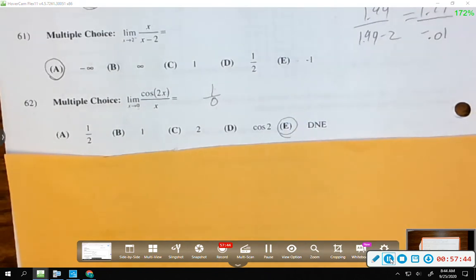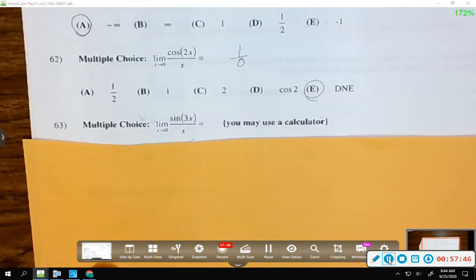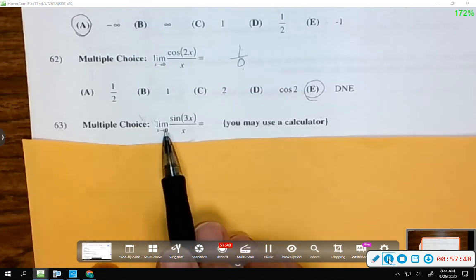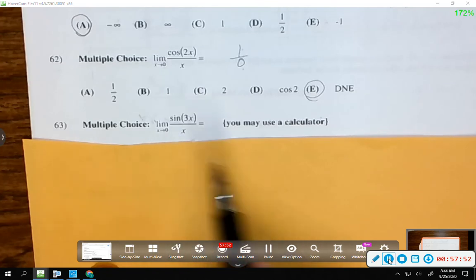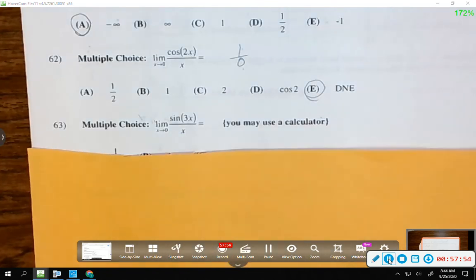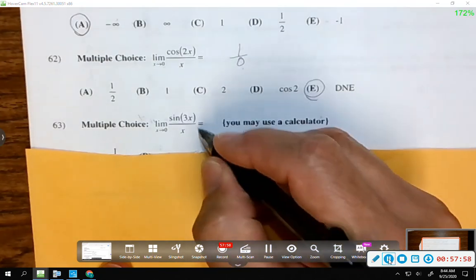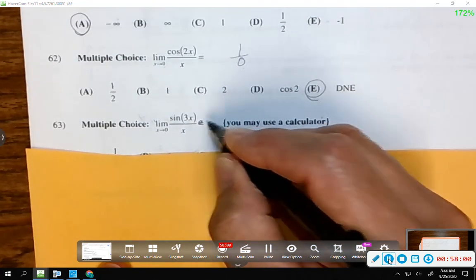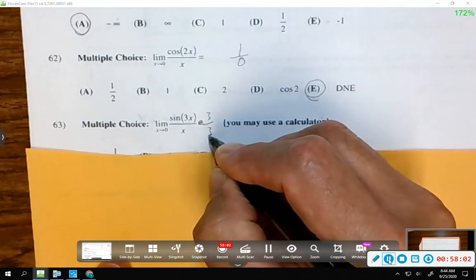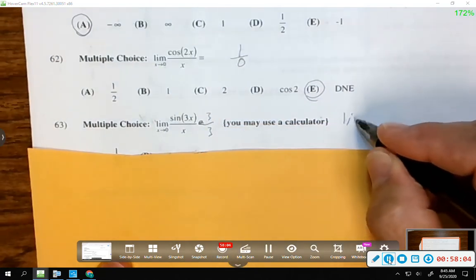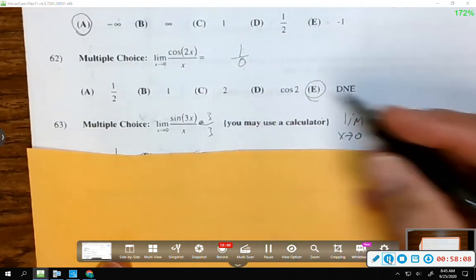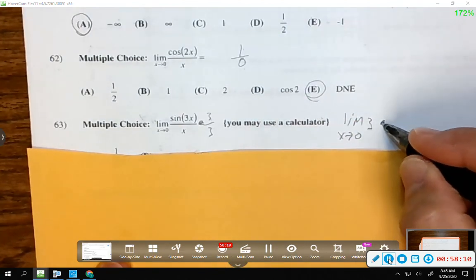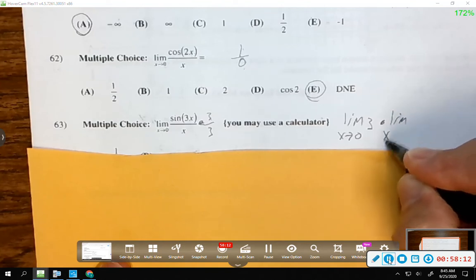Problem number 63. Now, this is one where you would have to use your calculator because this is really one of those sandwich theorems. And the bottom line is we can do it algebraically by multiplying this by 3 over 3. And I can say this is the limit as x approaches 0 of this factor of 3 times the limit as x approaches 0 of the sine. I want to pair this up.